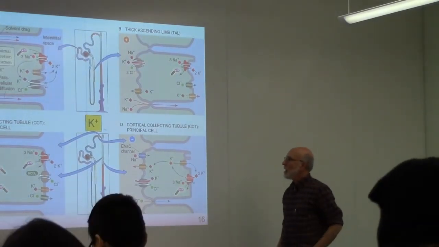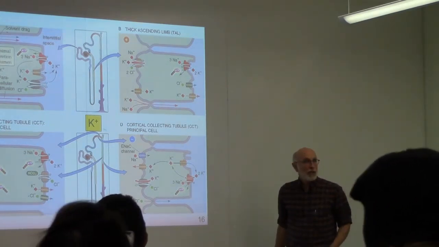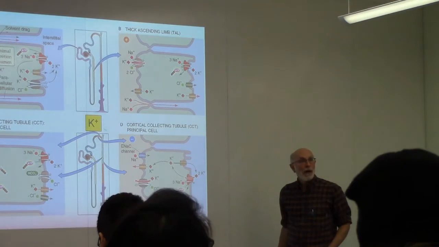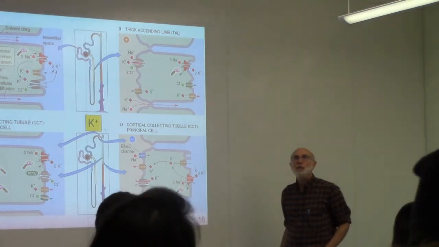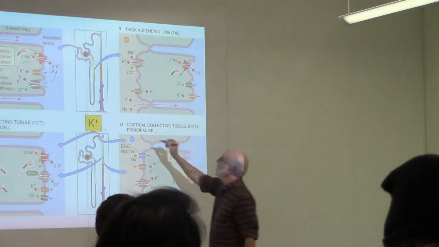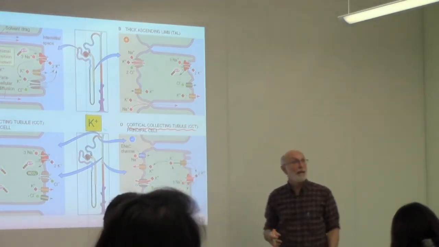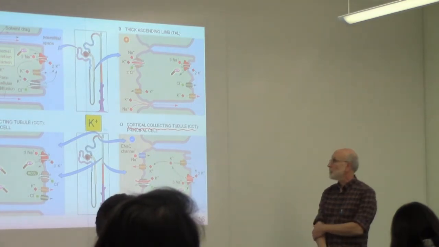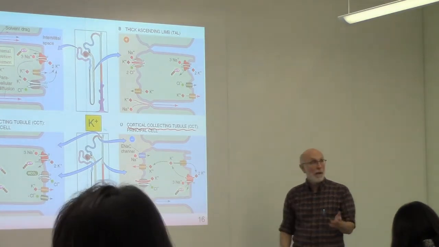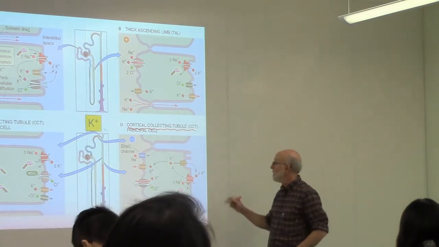I want to get at potassium secretion. Where do we see a way to secrete potassium? And let's face it, we want to focus on the cortical collecting tubule, because that's where I said secretion happens. Well, here's the story of potassium secretion when needed.